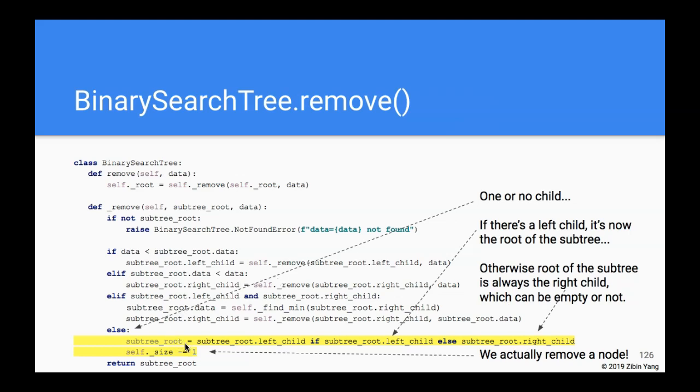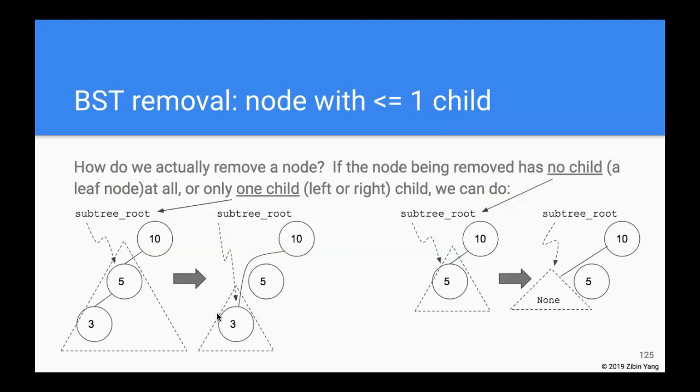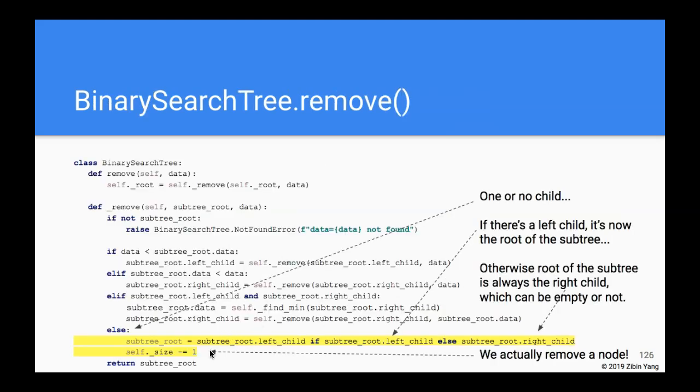Now, what happens in either of these cases is that we are physically shrinking the subtree by one node, right? So the size then has to be decremented by 1. And in this case, as we said, the subroot has changed, so we have to return the subroot.